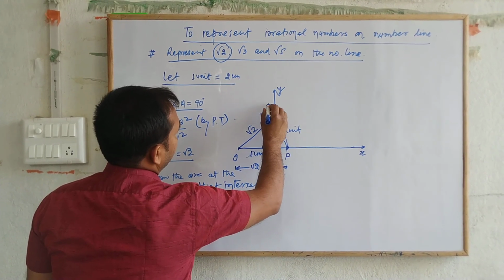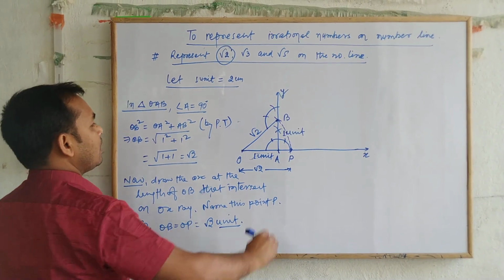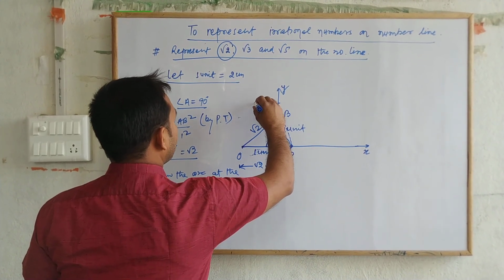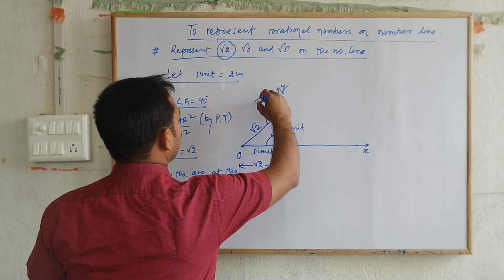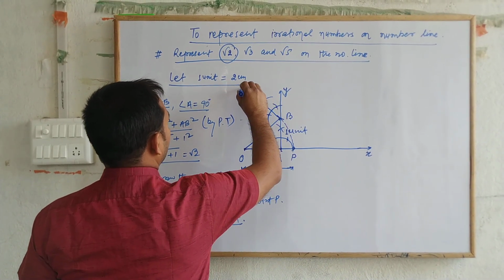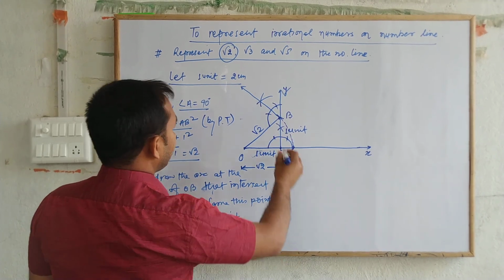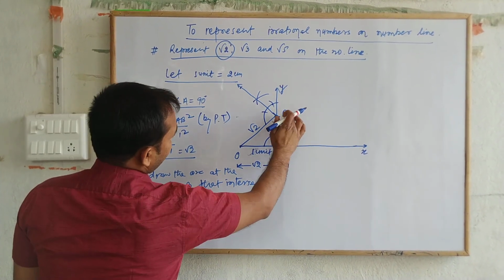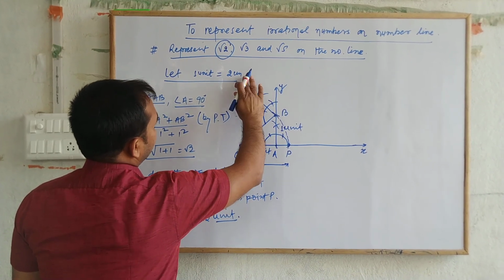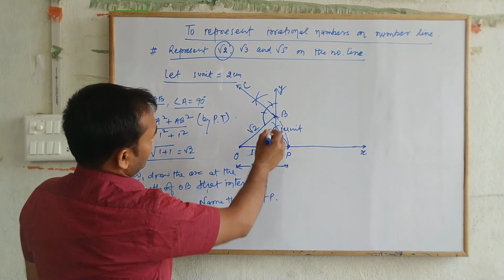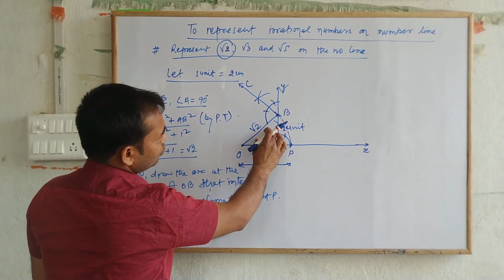Here 60 degree, 120 degree, and the bisection of 60 and 120 will be 90 degree. Now draw a ray and name this ray BC. Here is root 2.